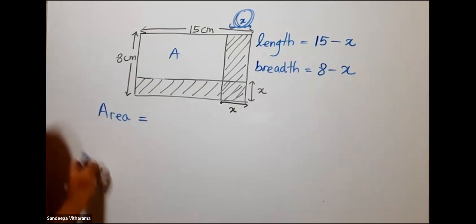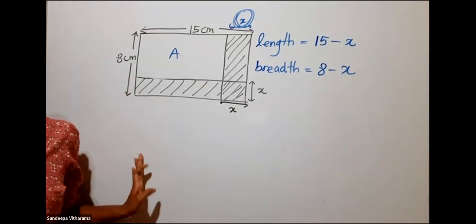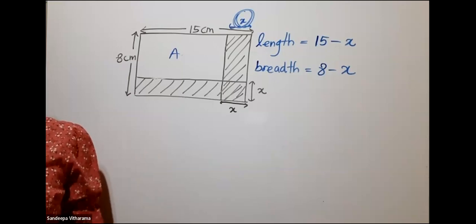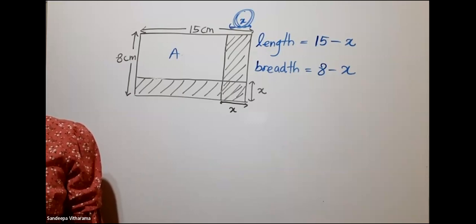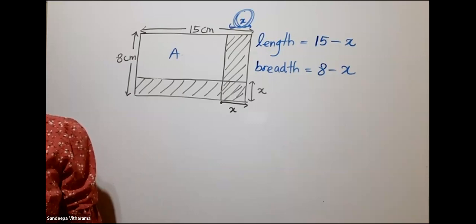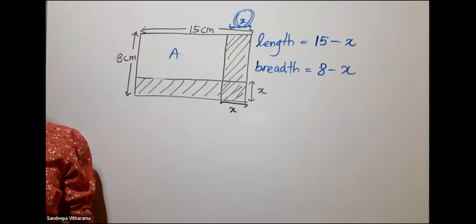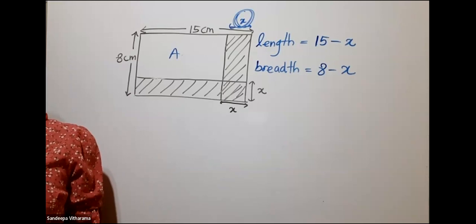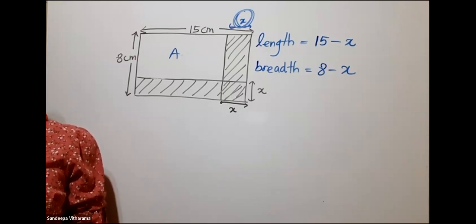If you don't know how to find the area of a rectangle, please raise your hand. If you know, please send me the answer. How do we obtain the answer?